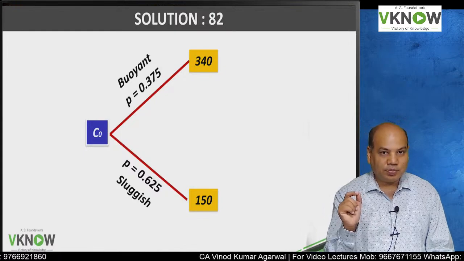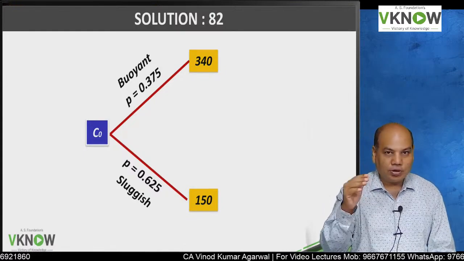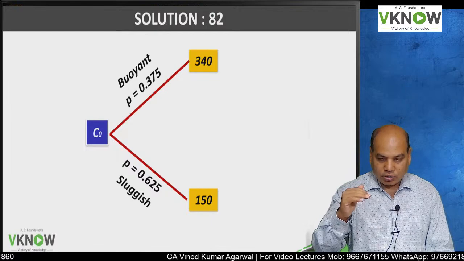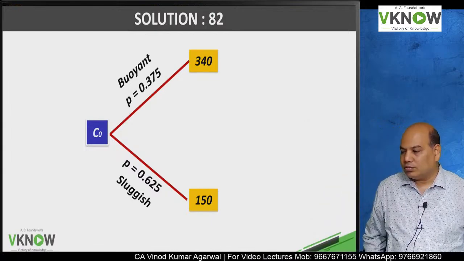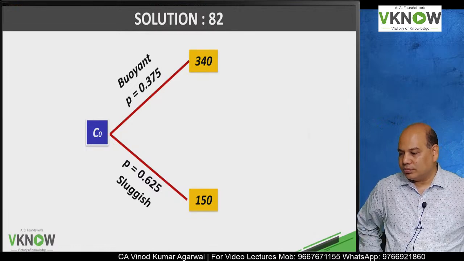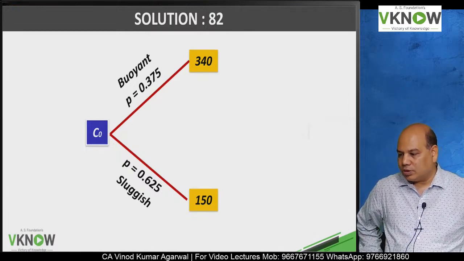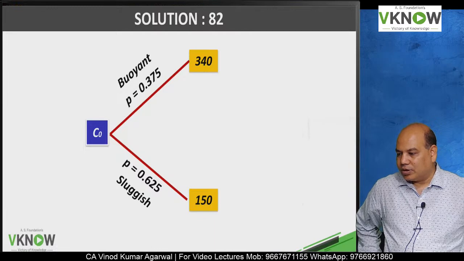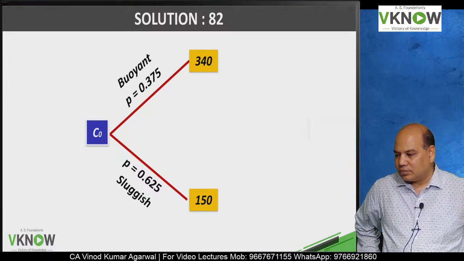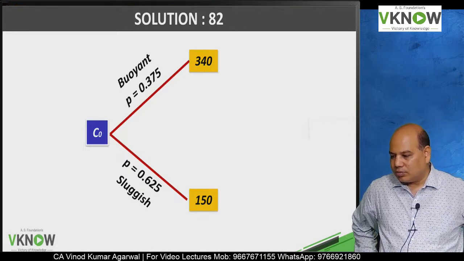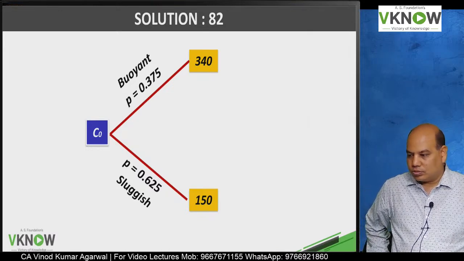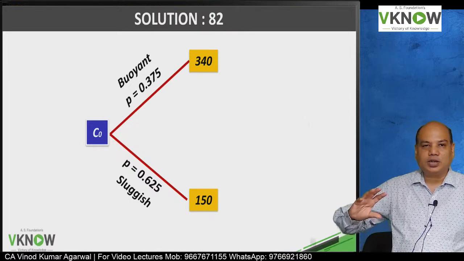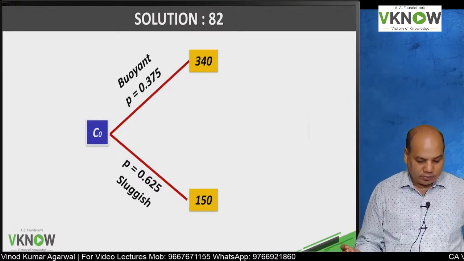Sajid is also right, probability 0.375, very good. Now draw the value of the call option: 0.375, probability, 340; 0.625, 150.